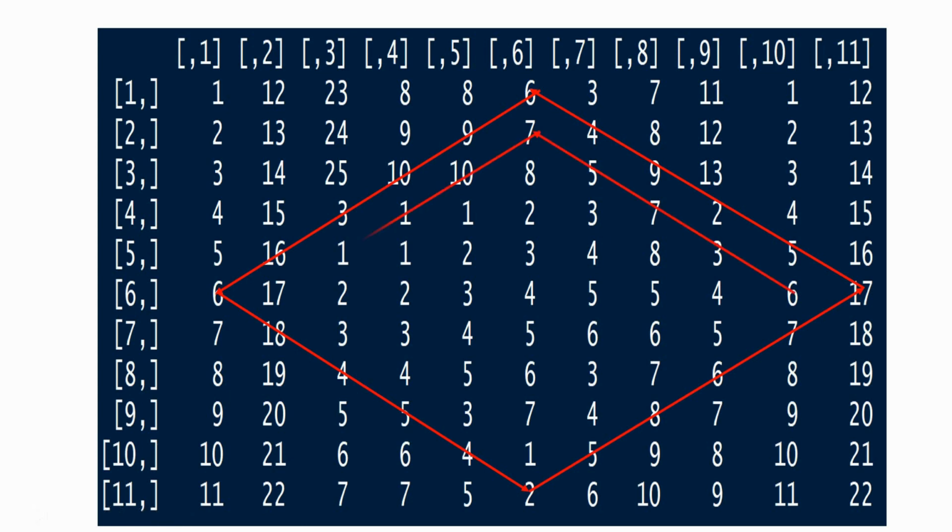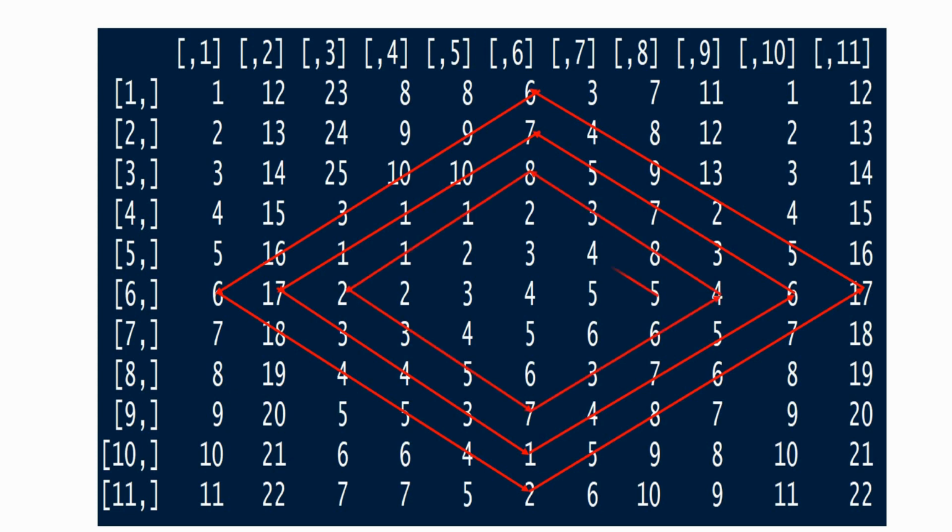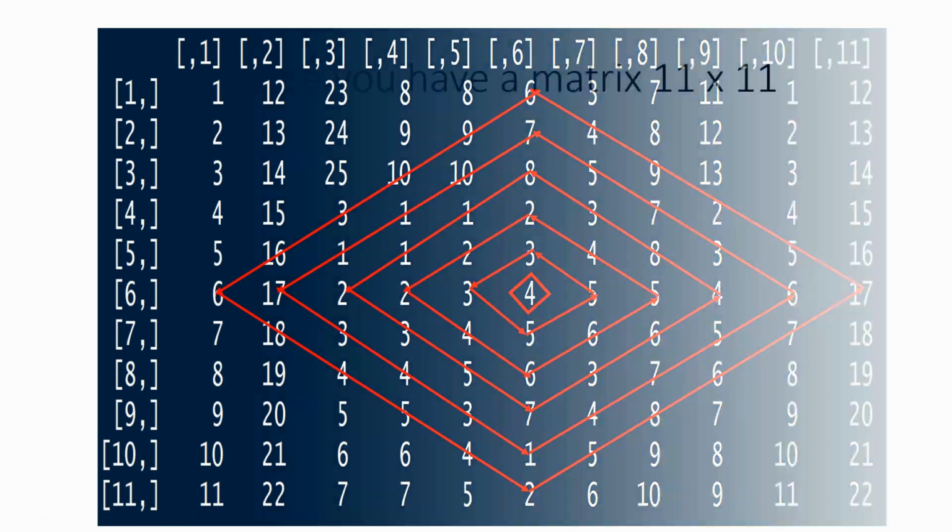And then on this diamond and inner diamond, this one, this one, and this one. So if you see, this diamond shape structure has 3, 3, 5, and 5 numbers.